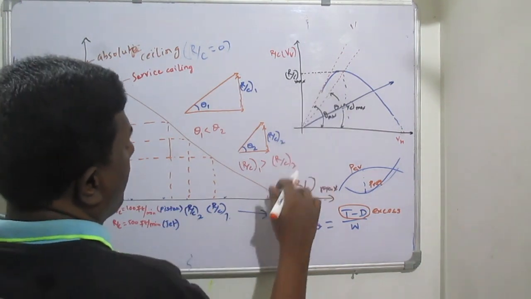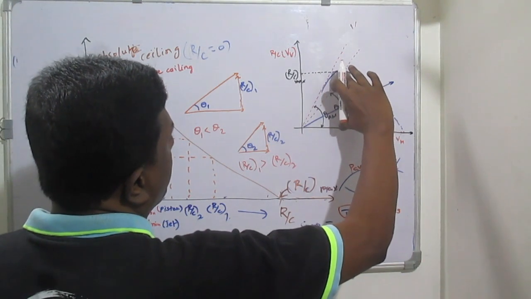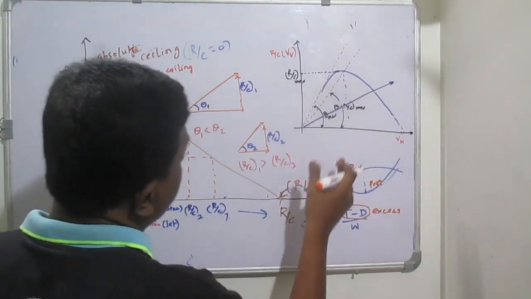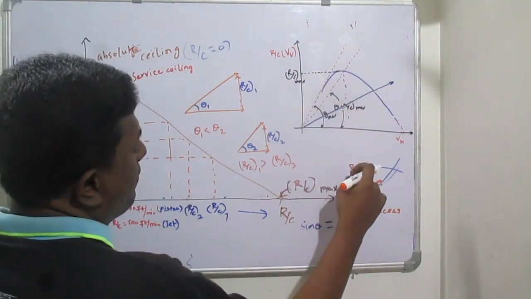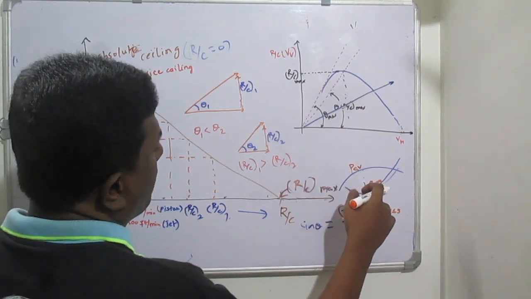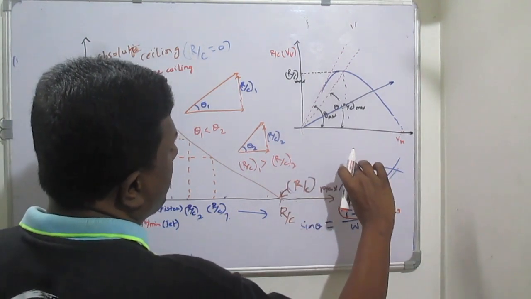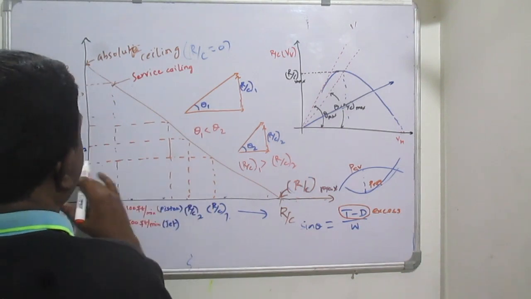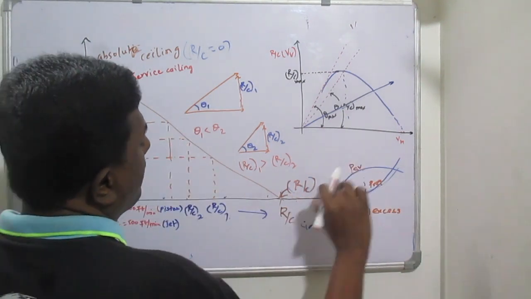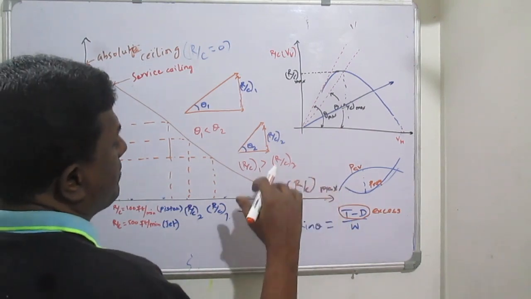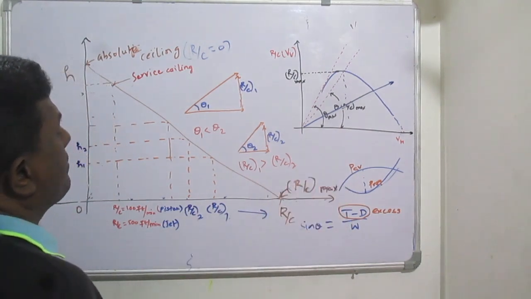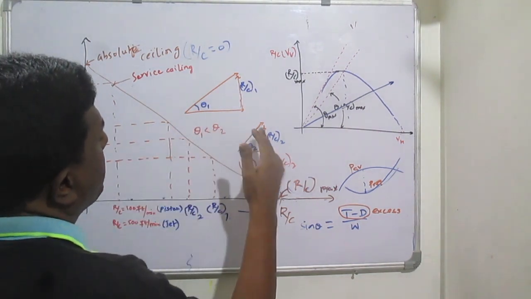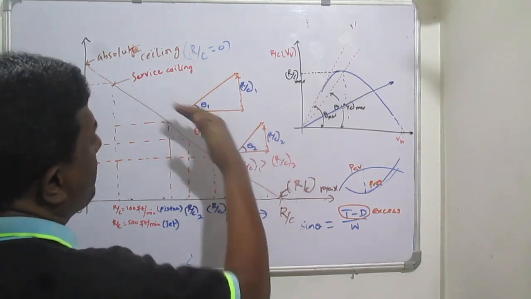That is the condition, because the maximum rate of climb is for the maximum excess power. Beyond that, the excess power, power available minus power required, will be decreasing. As we move higher and higher we have lesser excess power, and because of that the rate of climb also decreases. I think this is very clear: why do we have a lesser rate of climb as we go steeper and steeper?